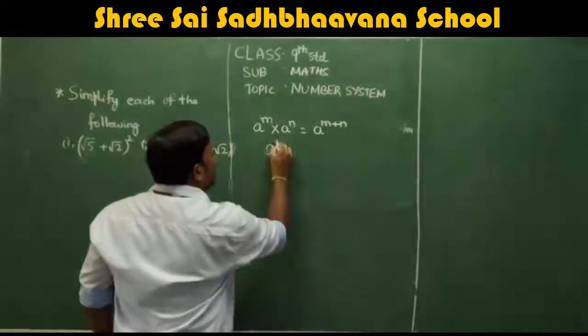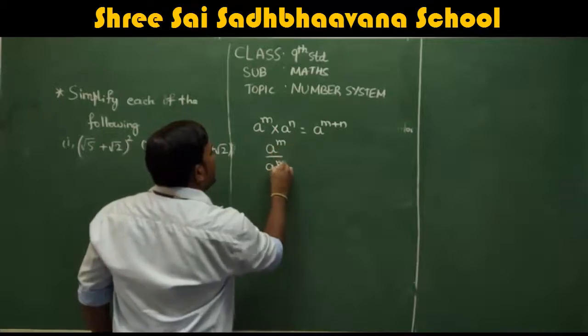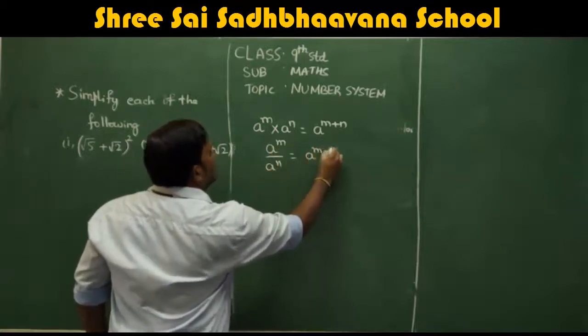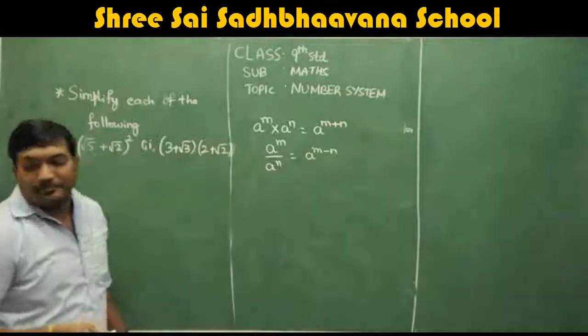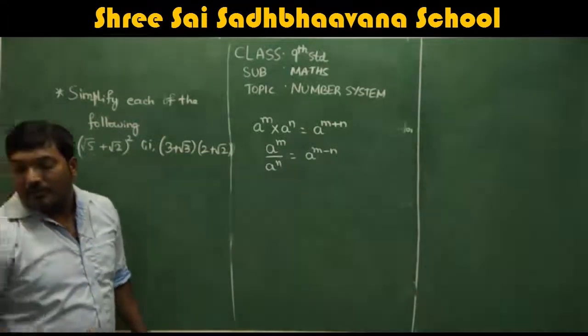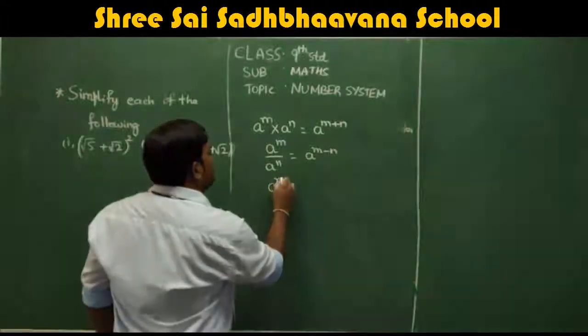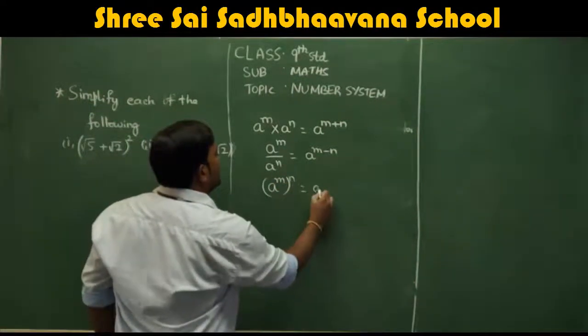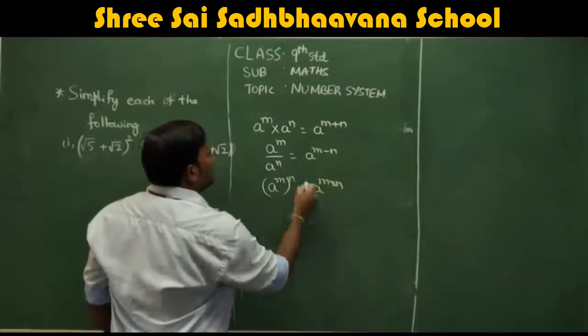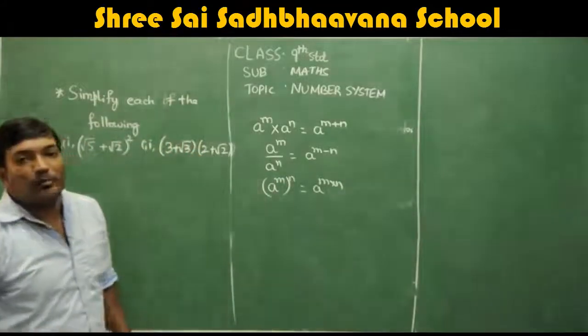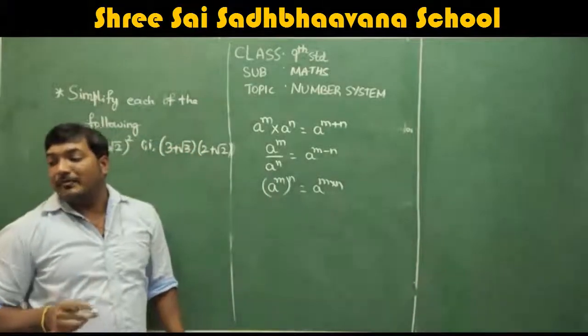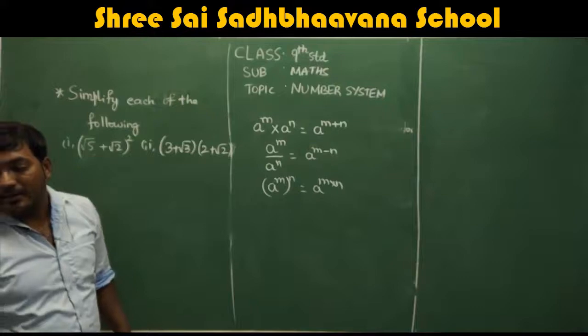And we have one more formula, a power m by a power n is equal to a power m minus n. Correct? And also we have (a power m) whole power n, most of the times we use this formula. (a power m) whole power n is a power m into n.